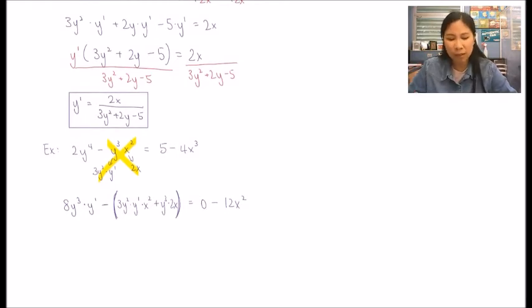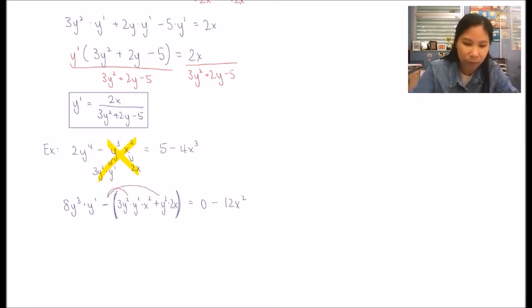Let's simplify this out a little bit. So I'm going to distribute and multiply stuff out. So I've got this minus that needs to apply to both of those terms inside the parentheses. So I'm going to basically just leave the y prime at the end just because it's easier to see.